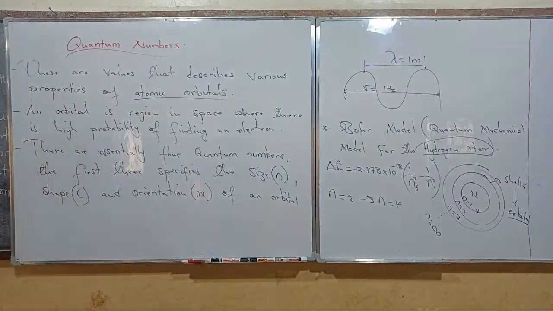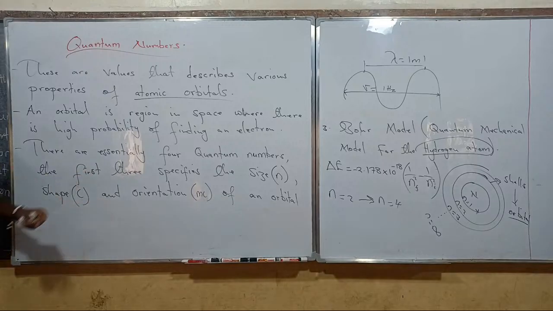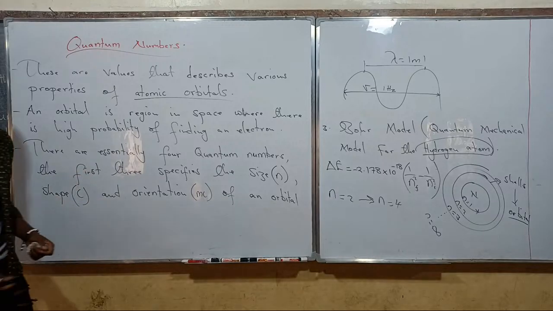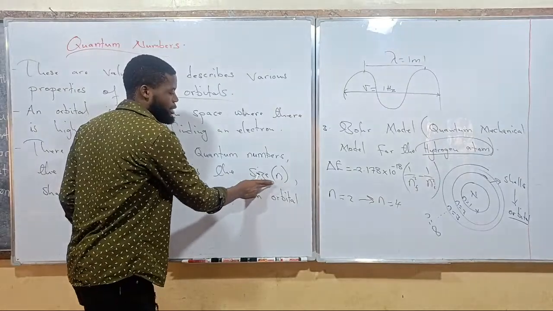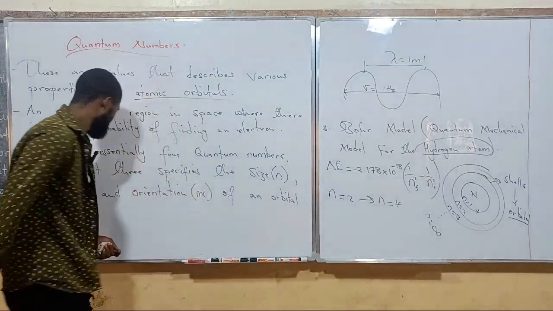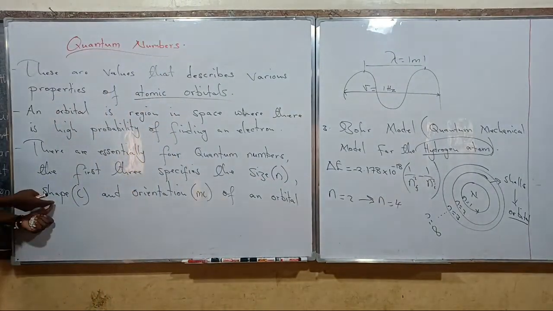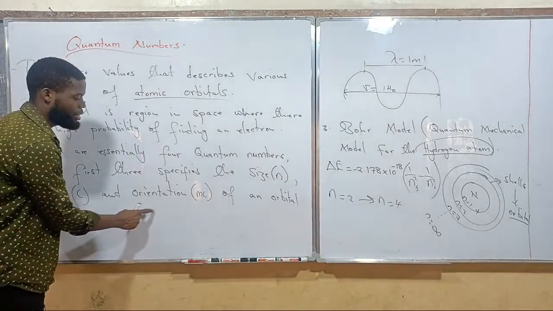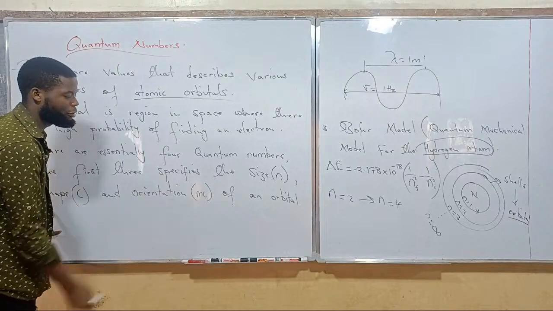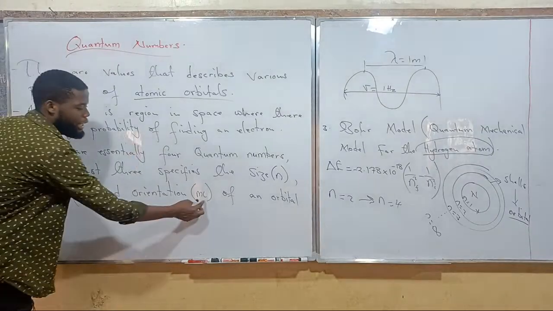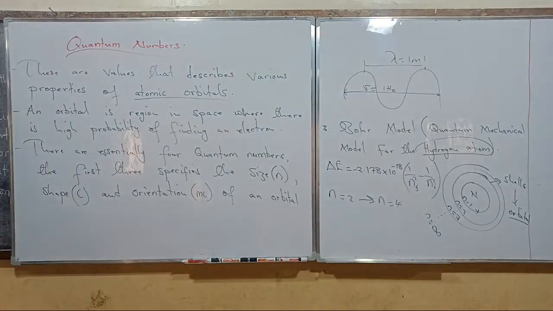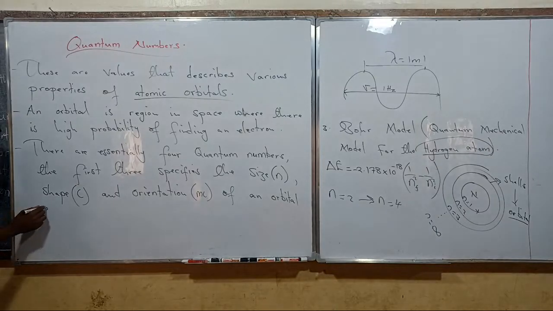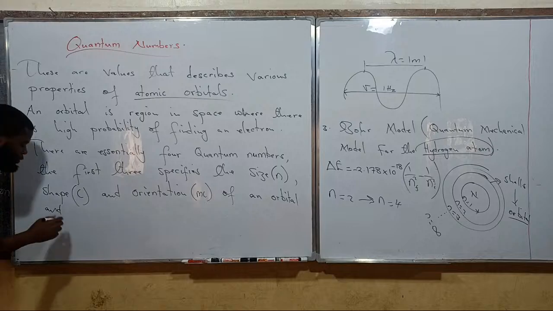The quantum number that specifies the size is denoted by n. The quantum number that specifies the shape is denoted by L. The quantum number that specifies the orientation of an orbital is denoted by ML. And the final quantum number specifies the spin of an electron.